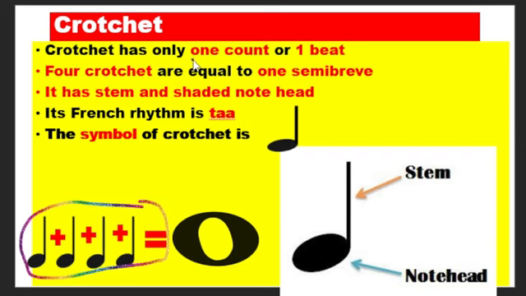We say 1 crochet has 1 beat. So 4 crochets are equal to 1 semibreve, and 2 crochets make a minim. It has a stem and a shaded head. The French rhythm name is ta.